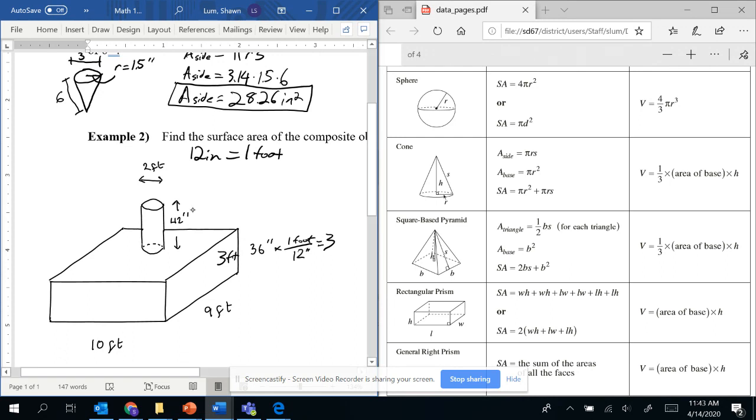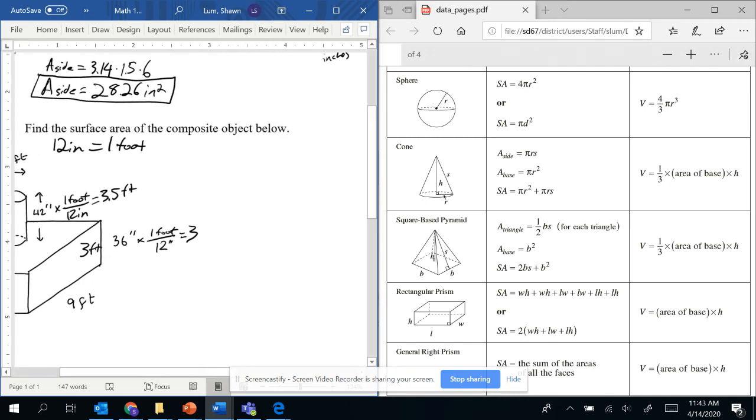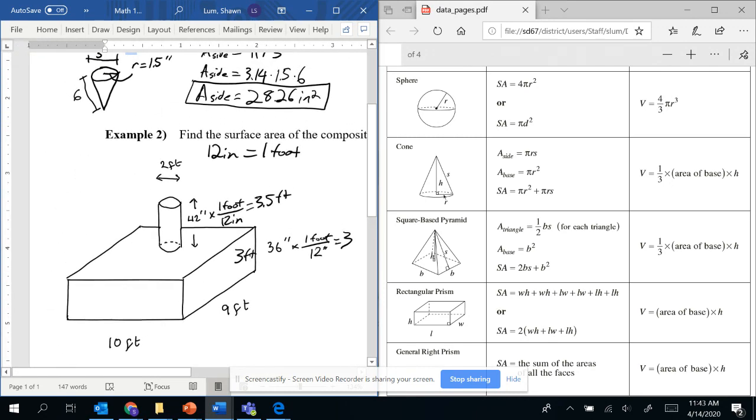So again, it'd be times 1 foot over 12 inches. So in other words, 42 times 1 divided by 12, and that's going to equal 3.5 feet. Okay, so now I've effectively changed everything into feet.